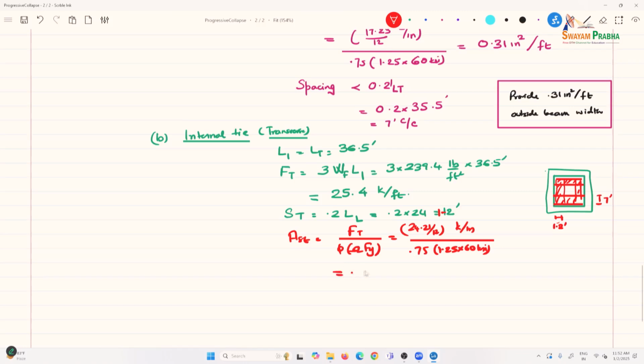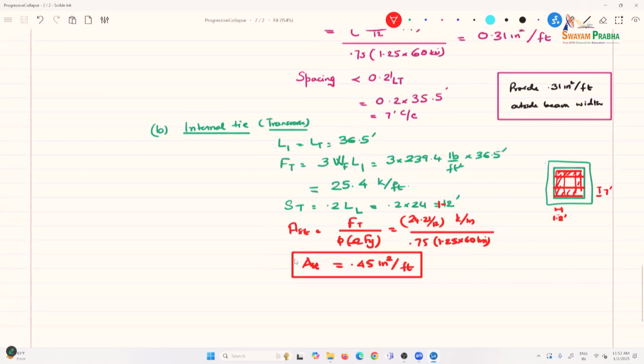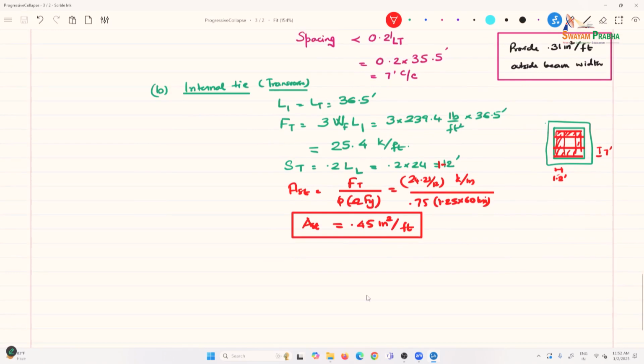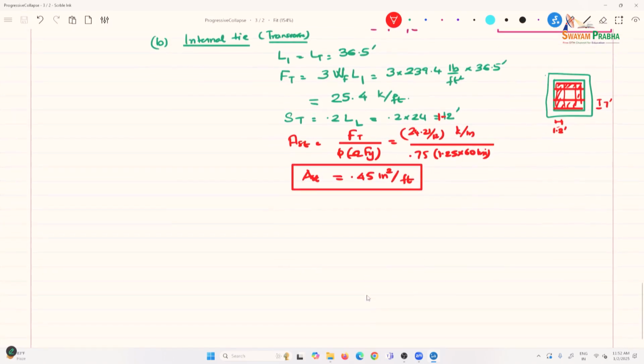So AST is 0.45. There's more steel basically because the span is 36.5 as opposed to 24.